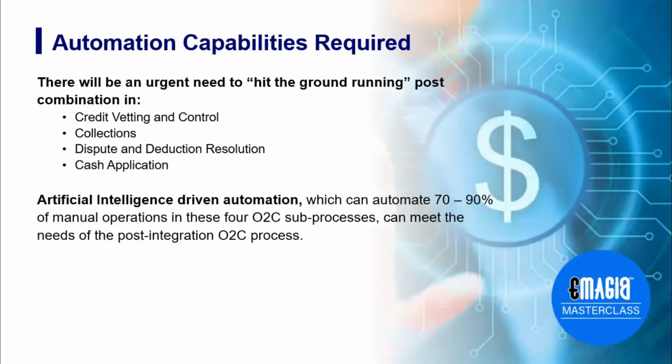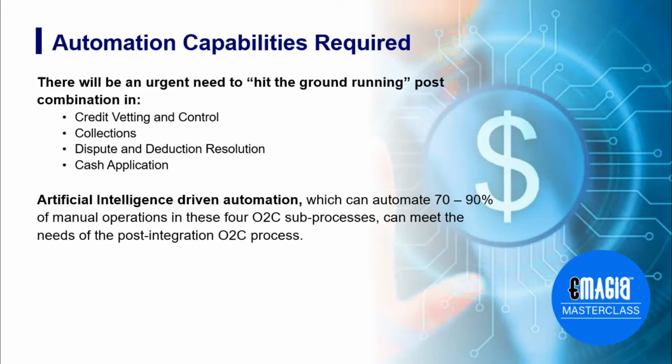As I mentioned before, on most order-to-cash functions, there's an urgent need to hit the ground running. These four I've singled out as most important. And clearly, you can see where a shortfall, a lagging behind, can really impact your operations.